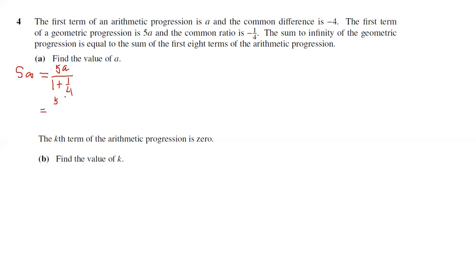So 5a over 5/4 equals 5a times 4/5, which equals 4a.